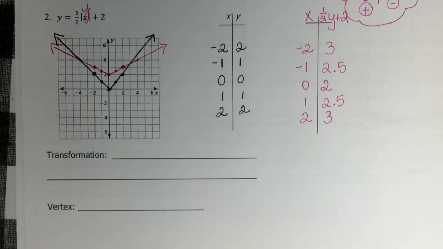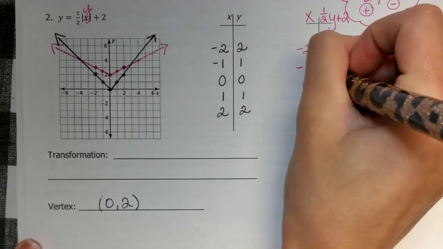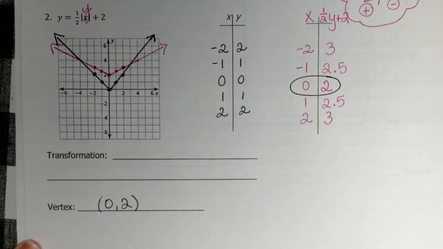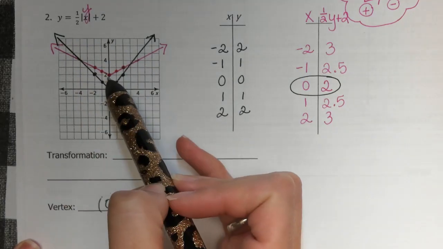Okay, so what's my vertex? 0, 2. Okay, now how many things happen to my y? 2, right? So I should have 2 transformations. What did this 1/2 affect?